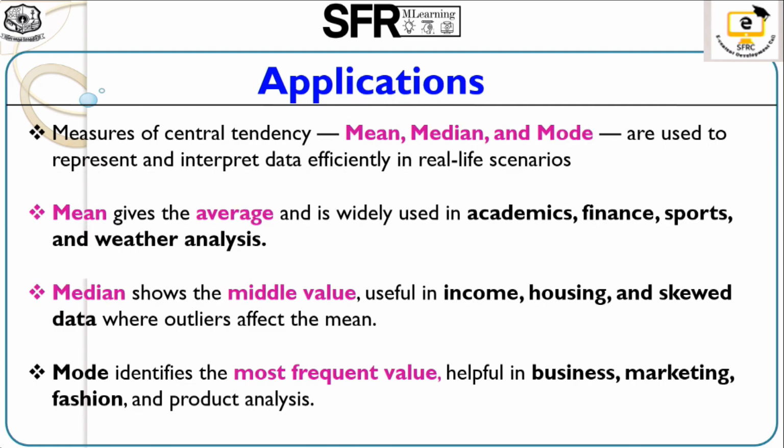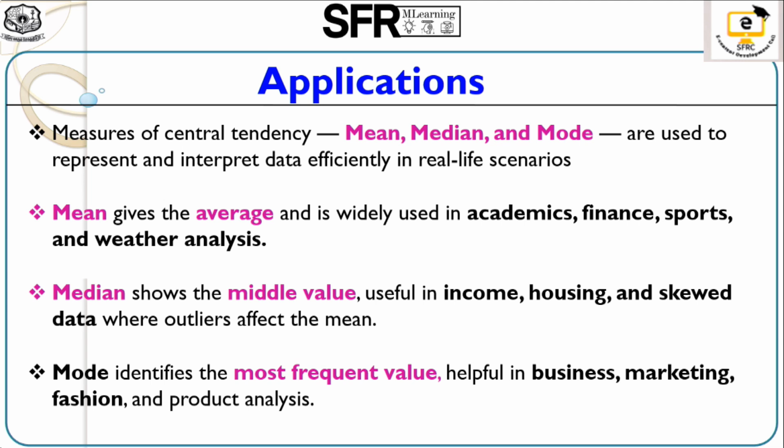Now, see some more applications of mean, median and mode. Measures of central tendency, mean, median and mode, are used to represent and interpret data efficiently in real life scenarios. Mean gives the average and is widely used in academics, finance, sports and weather analysis.